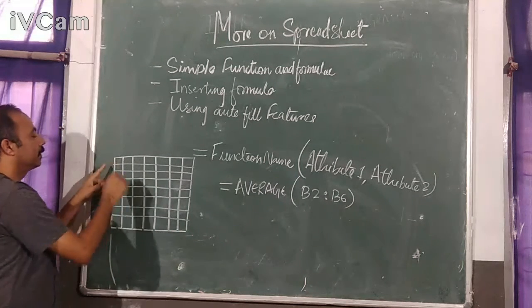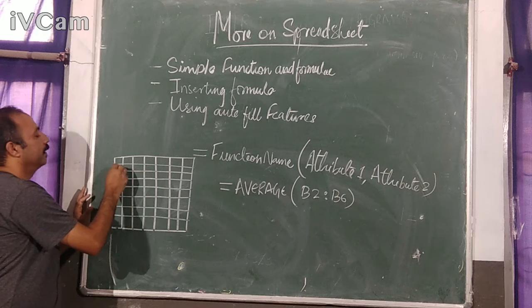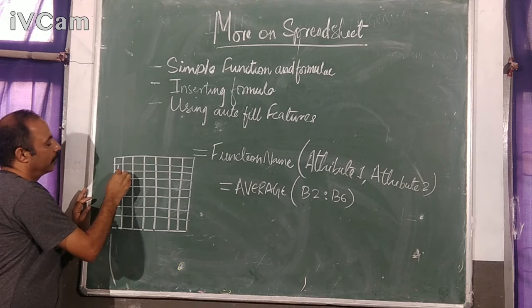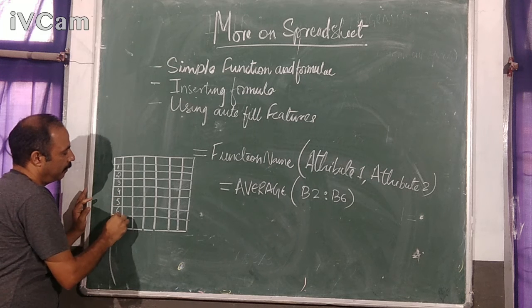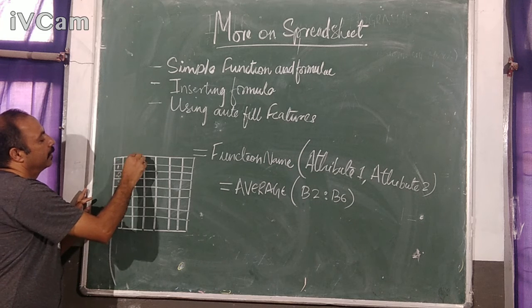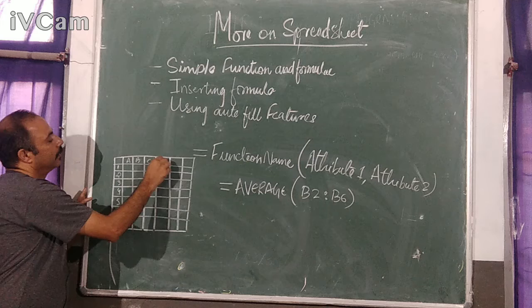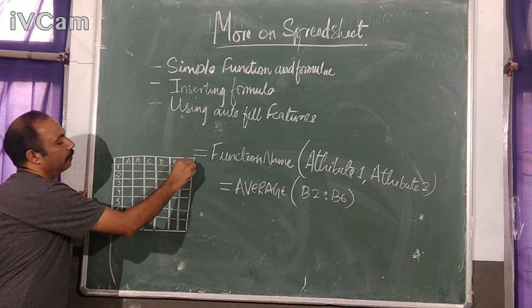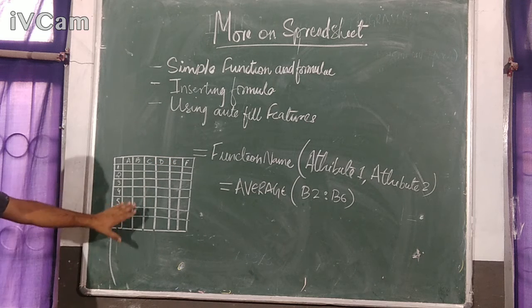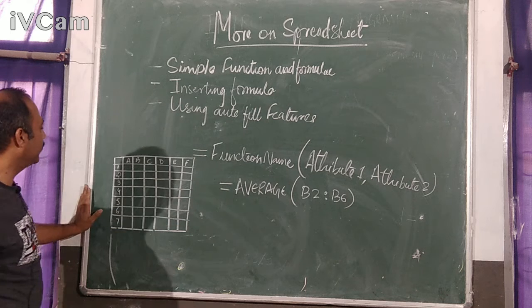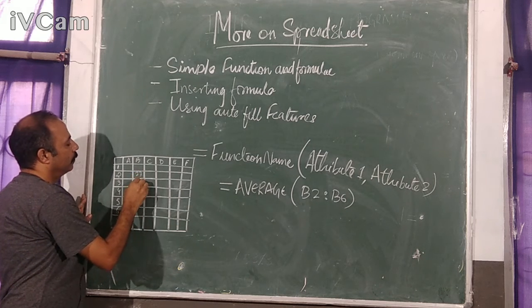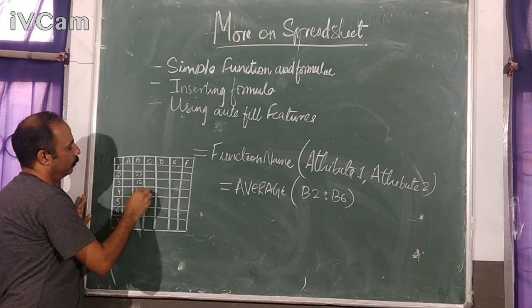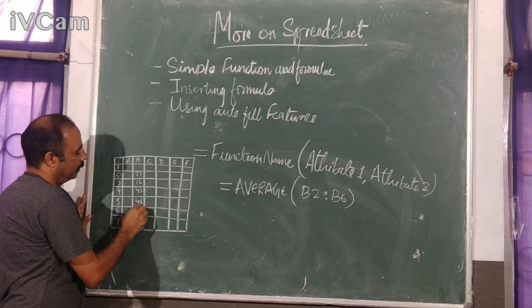And these rows are indicated by the numbers 1, 2, 3, 4, 5, 6, 7, and columns are indicated by the alphabets.